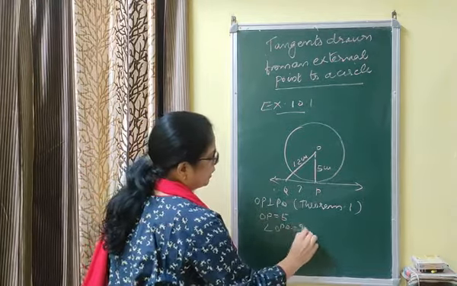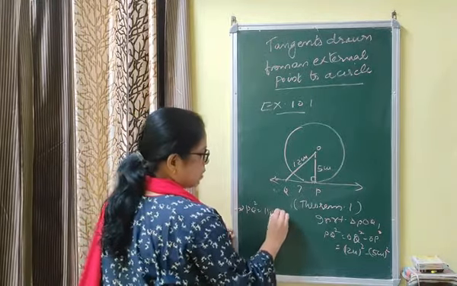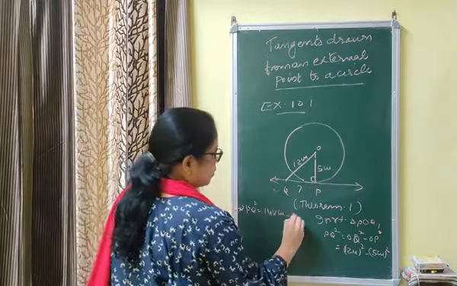That implies PQ square is equal to 144 centimeter square minus 25 centimeter square. That means 119 centimeter square. If you subtract 25 from 144, you get 119. That implies the required length PQ is root 119. That is option D, the correct answer, since this is an MCQ question.